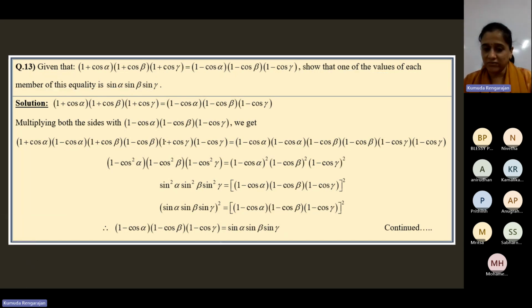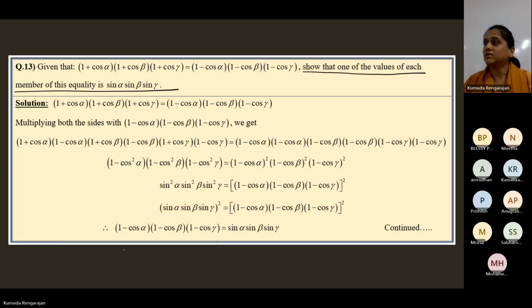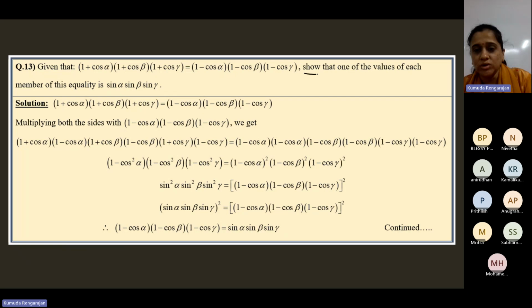I'll explain. We'll see the answer, and then I'll explain what this part of the question means. Okay. Now, equality is what? The equation. Now, who are the members of this equation? The left-hand side and the right-hand side. Show that one of the values, so that means there can be other values.